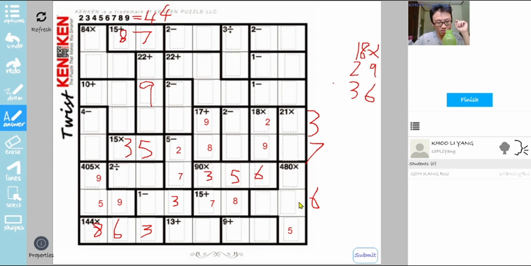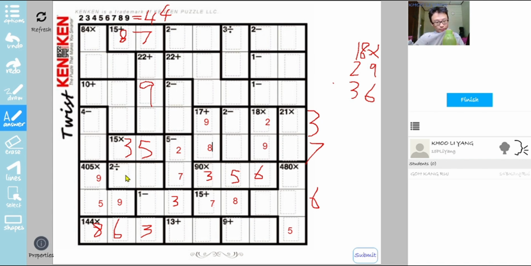Okay, so the only numbers left in this row are 2, 4, and 8.